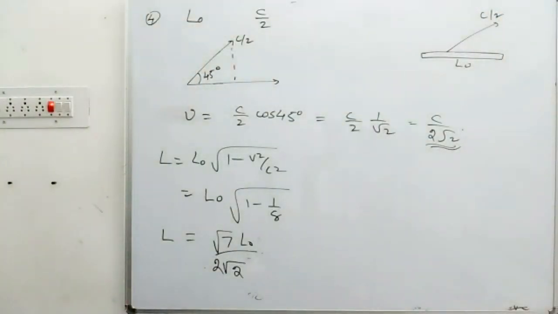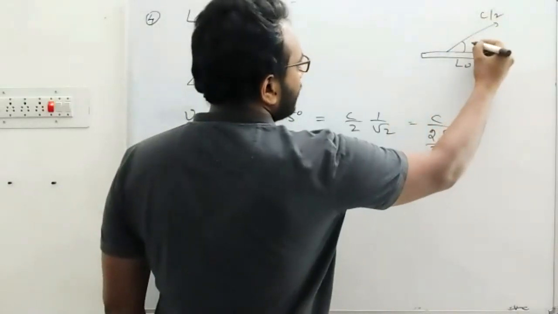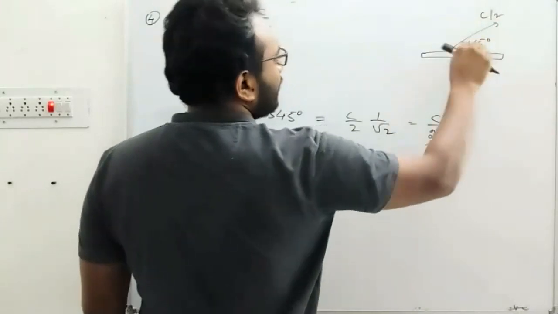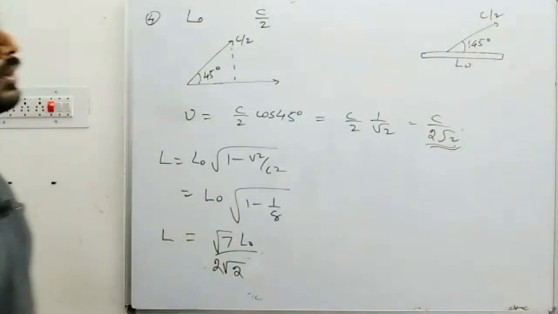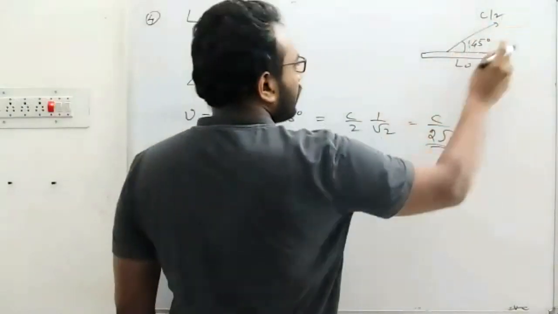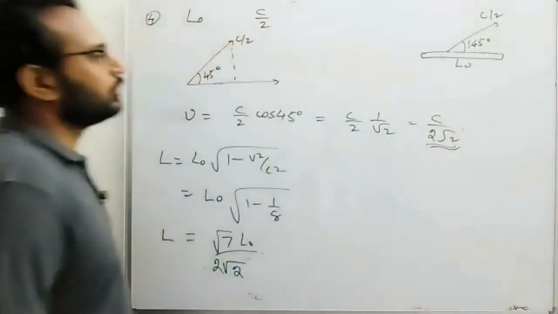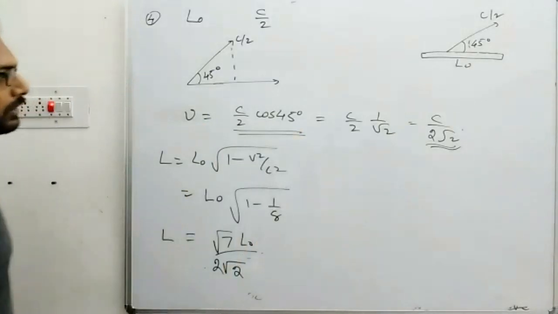The observer sees that it's moving like that, at 45 degree. The observer will see that only the x component of this velocity will contribute, only the component of velocity along the length will contribute to length contraction. That's why we are finding c by 2 cos 45 there.